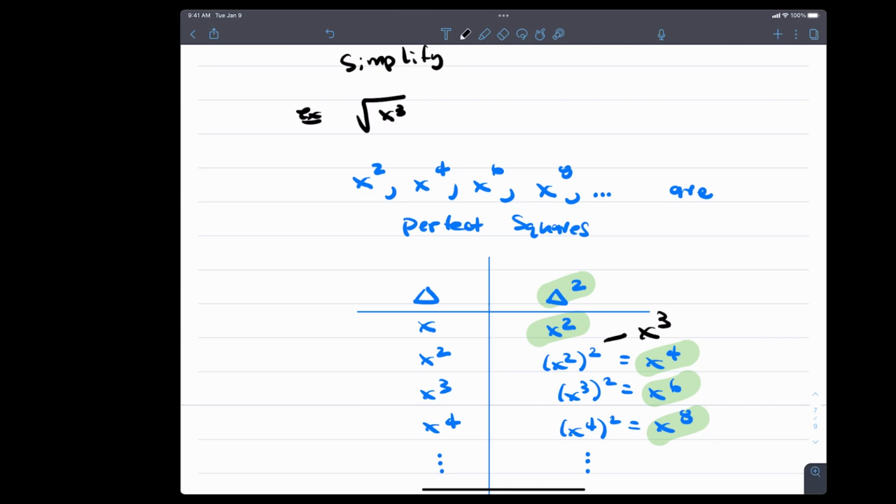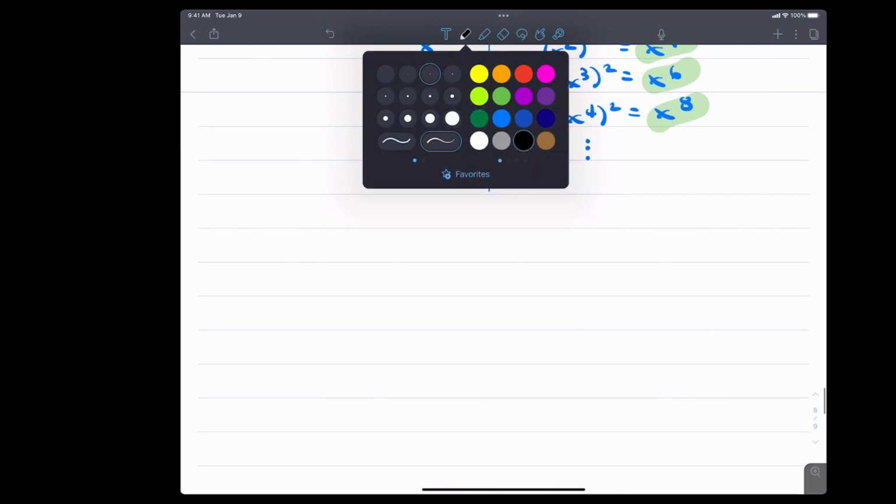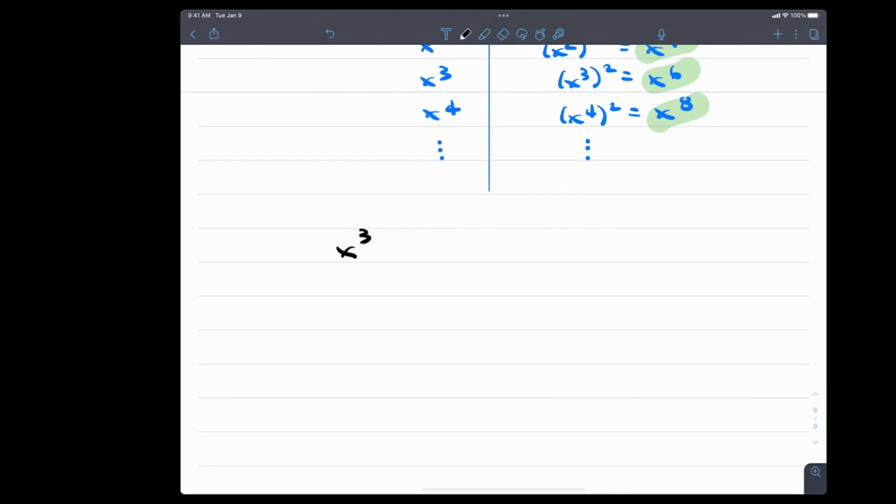Now, remember how we were checking the largest perfect squares, the prior ones? Try to do that. If you take x to the third and divide it by x squared, the perfect square, these are the same problems. X to the third over x squared is x to the 3 minus 2 by properties of exponents, which is x to the first power, or just x.